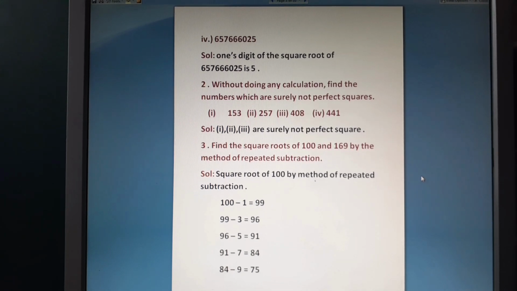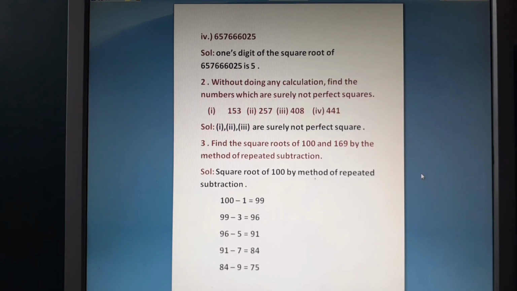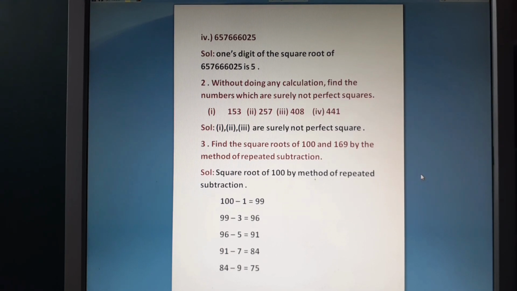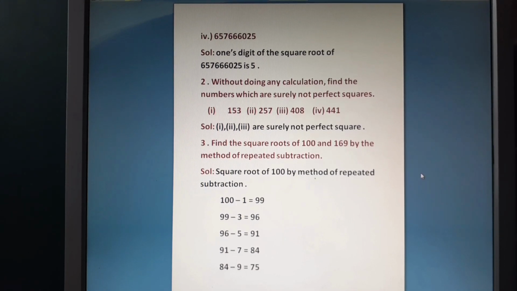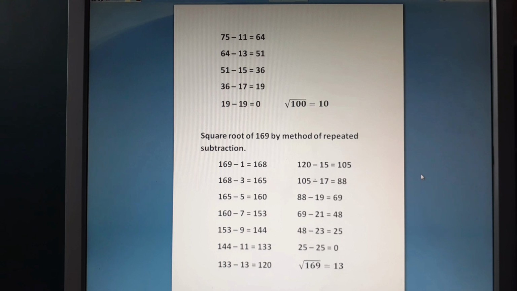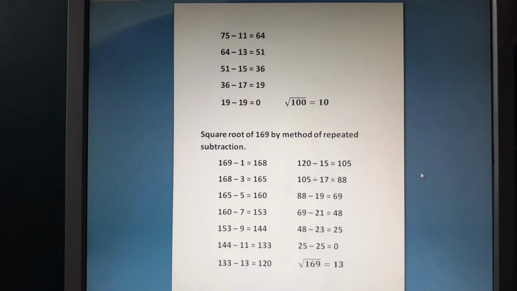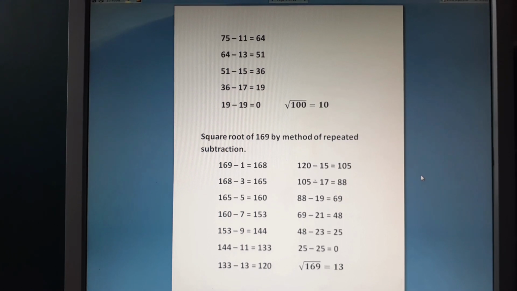Square root of 100 by method of repeated subtraction: 100 minus 1 is 99. 99 minus 3 is 96. 96 minus 5 is equal to 91. 91 minus 7 is equal to 84. 84 minus 9 is equal to 75. 75 minus 11 is equal to 64. 64 minus 13 is equal to 51. 51 minus 15 is equal to 36. 36 minus 17 is equal to 19.